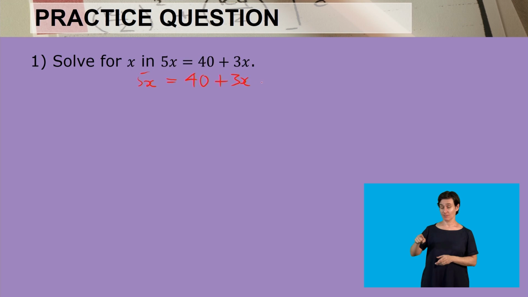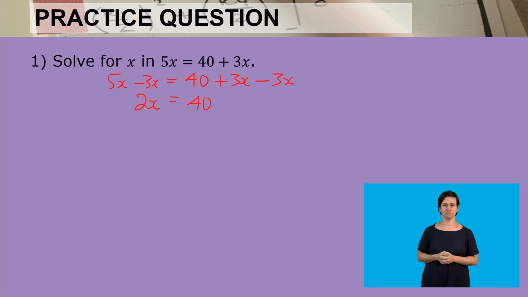The additive inverse of 3x is negative 3x. Let's write this properly. 5x minus 3x gives us 2x. And 3x minus 3x gives us 0, plus 40, which is 40.